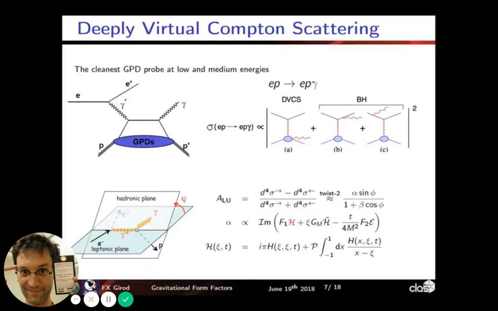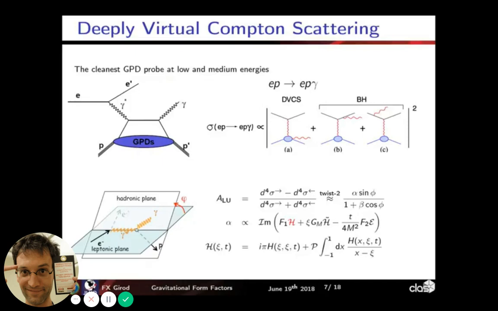And if you analyze an observable such as, for instance, the beam spin asymmetry here as a function of the angle phi between the hadronic and the leptonic plane, you will find that at twist 2, it has this characteristic shape, alpha sine phi divided by 1 plus beta cosine phi, where alpha is the imaginary part of this GPD combination. Well, actually, it's not a GPD.